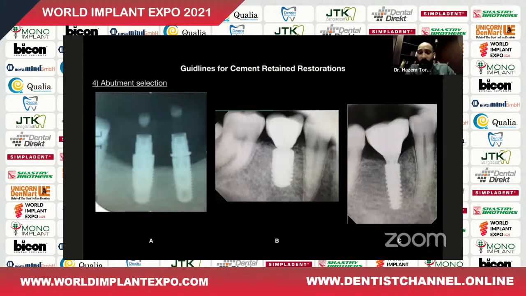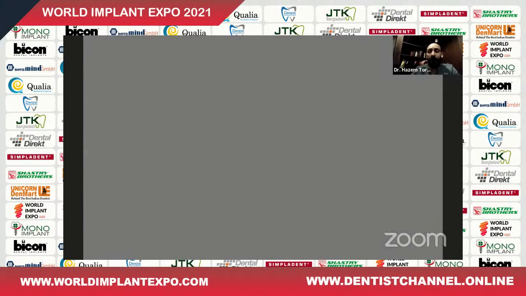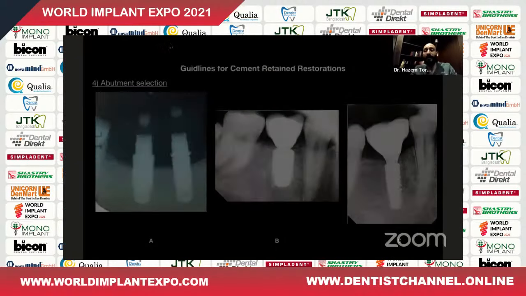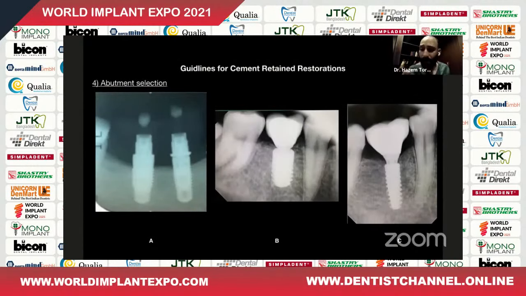On the other side, we have a gingival height of abutment a bit higher, 1.5, and we have platform switching. So excess cement, if it was present, would have less effect on crestal bone levels. And in the third situation, C, you can see we have an abutment height of 3 millimeters.